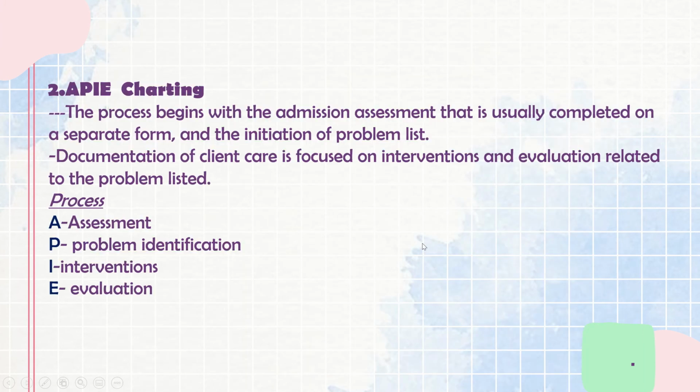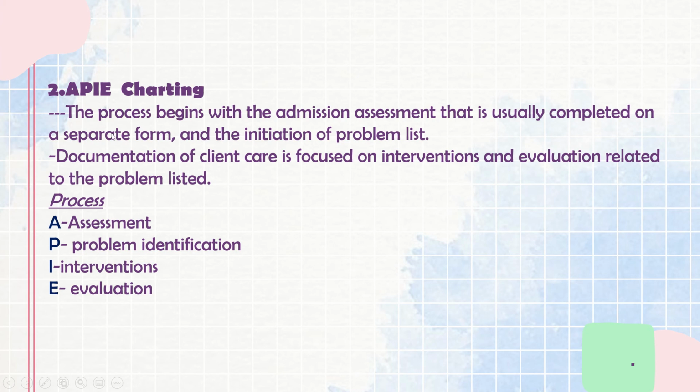Next, we have API charting or APIE charting. So, the process begins with the admission assessment that is usually completed on a separate form and the initiation of problem list. So, documentation of client care is focused on interventions and evaluation related to the problem listed.